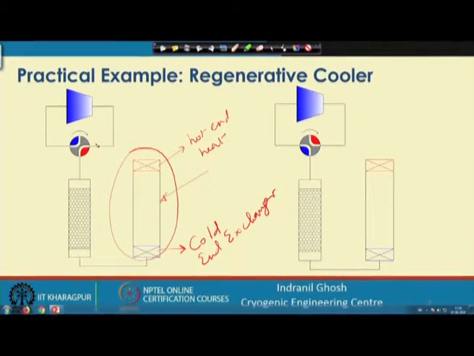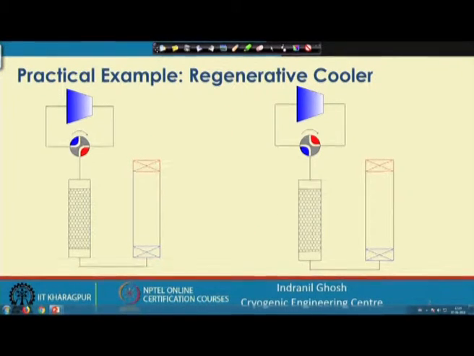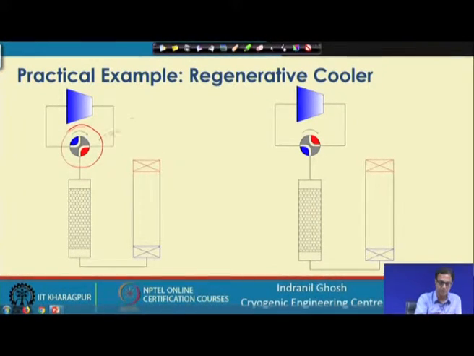Now, if we look into this operation, you will find that there is a small valve, which we call a rotary valve. This rotary valve periodically sends high pressure gas into the system.